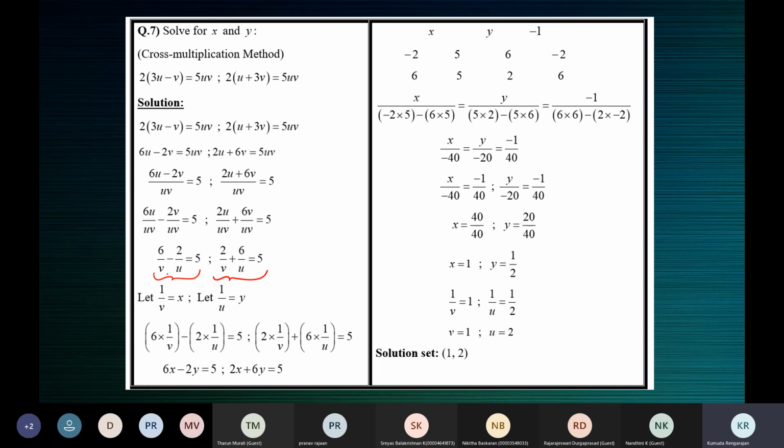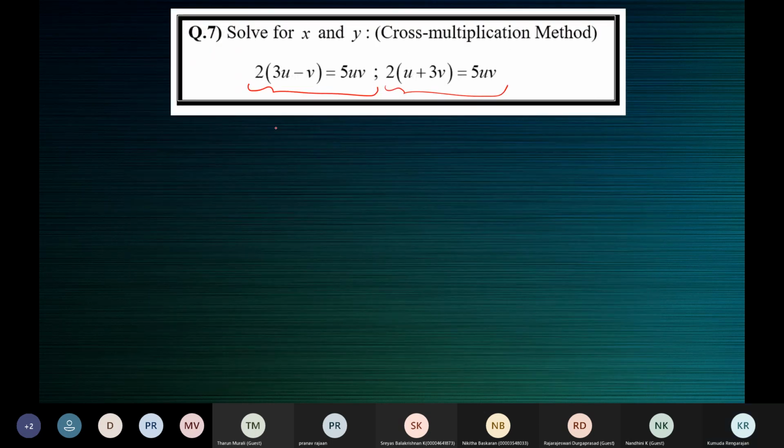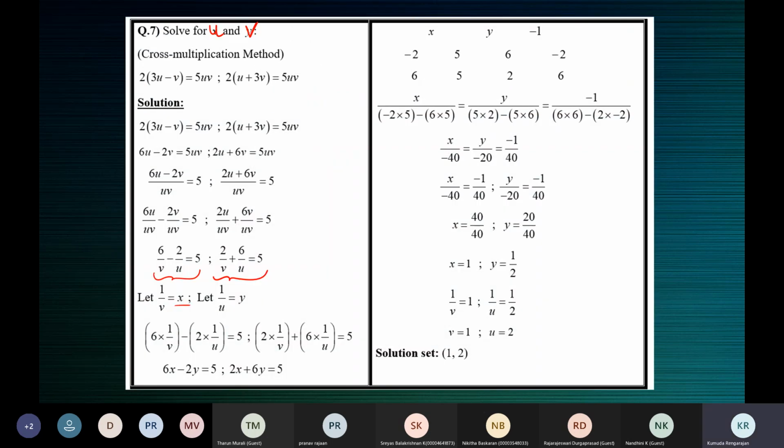Now let 1 by v be equal to x. Because here, children, we have to solve for u and v, not for x and y, sorry. Solve for u and v, because the equations have u and v as variables in them. So now let 1 by v be x, because when do we say this?